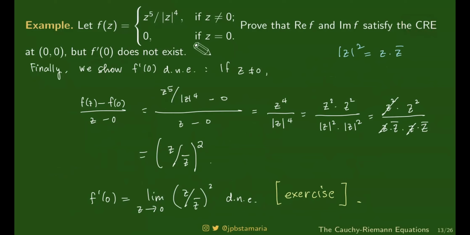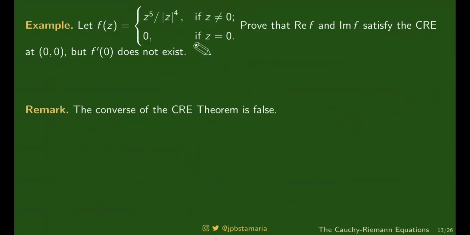So in short, the converse of the theorem: hindi porket nasa-satisfy ang Cauchy-Riemann equations at a certain point, yung complex function mo ay differentiable on that corresponding point. Okay? Ayan. The converse of the CRE theorem is false.